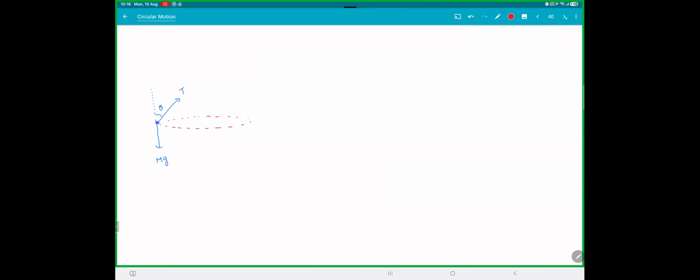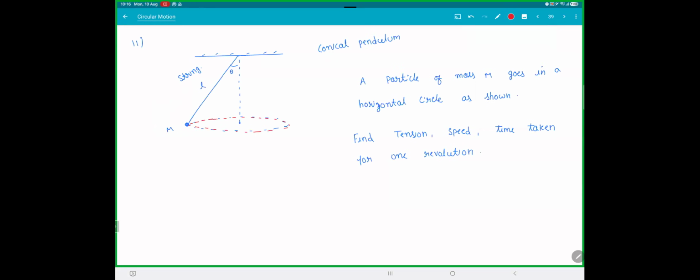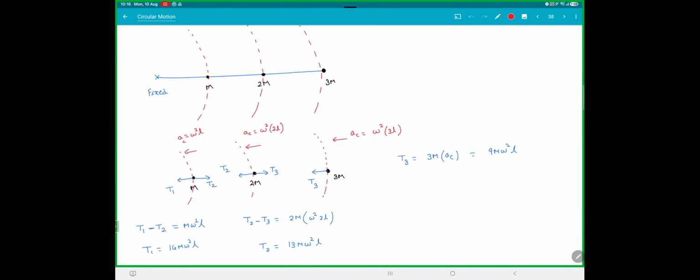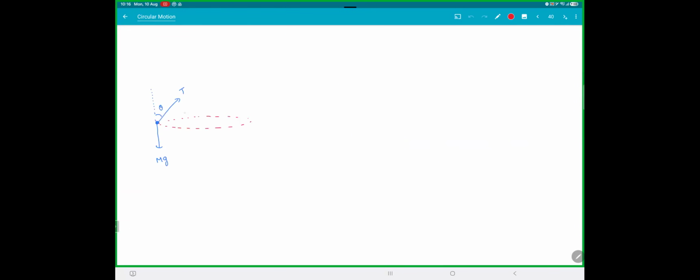And we have proved this. And whenever you think why, you again go back to the story and derive the whole thing again. So then you will say it should have an acceleration toward the center, which is u square by r. And now when you balance the forces, you can clearly see this. The radius will be, this was L, this was theta, the radius was L sine theta.